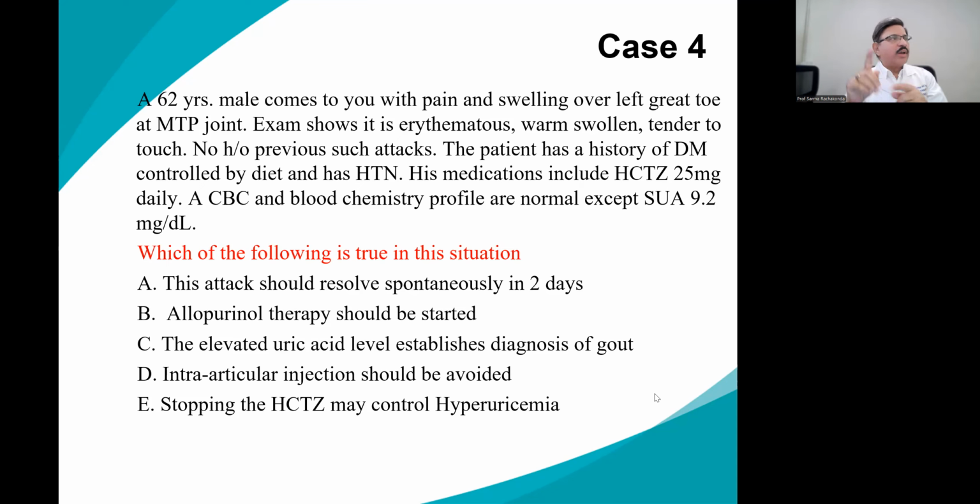No point in putting allopurinol because it's not a chronic case. No point in trying NSAID, he is already hypertensive. The best thing, since there is an offending drug, like pyrazinamide, hydrochlorothiazide, loop diuretics, we know these are the drugs which can cause this. Stop the drug and see what happens to the uric acid, just like the other lady who had pyrazinamide-induced hyperuricemia. I did not do anything.